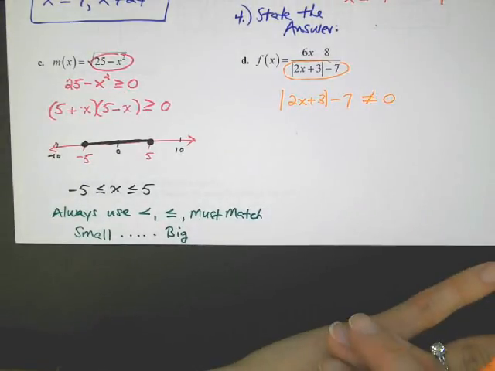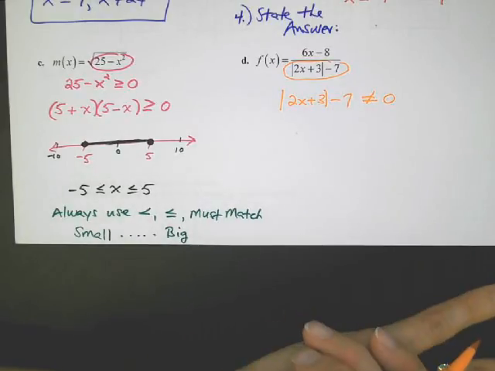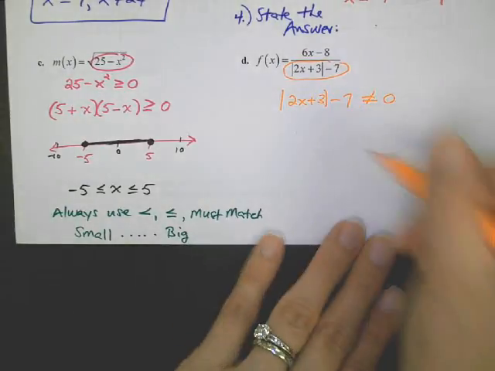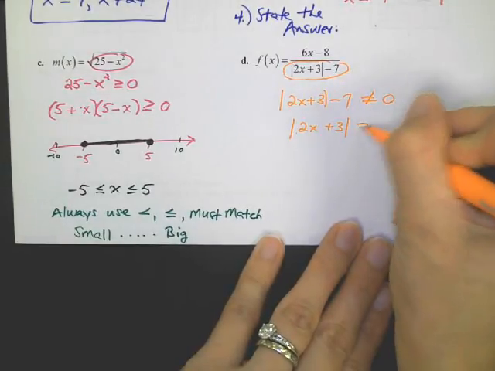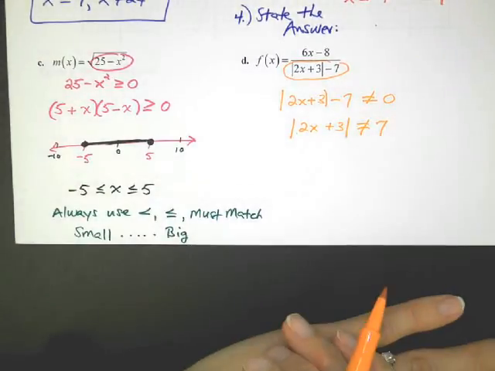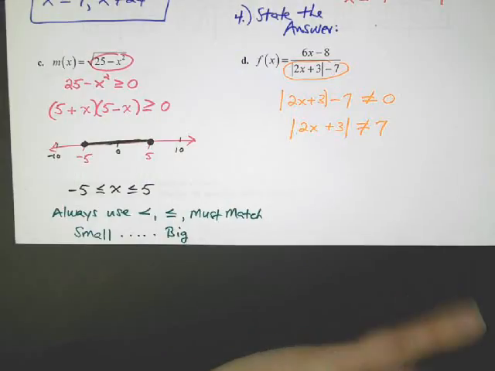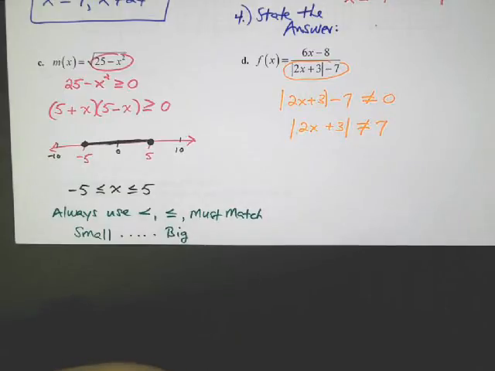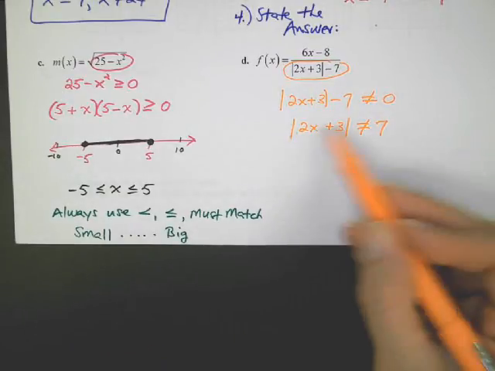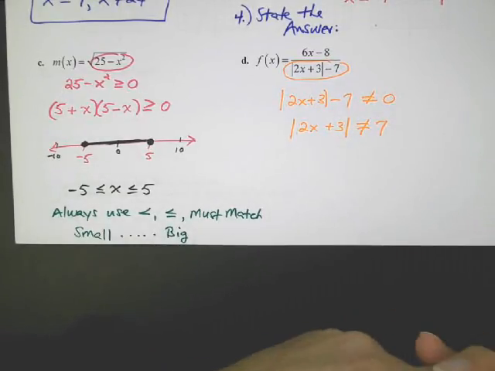Now we're going to have to refresh our absolute value knowledge. So the first thing I'll do is move the 7 over. And you cannot equal a 7. All right, algebra people. I want to get rid of these absolute value signs, but you can't just make them go away. How do we solve absolute value equations?